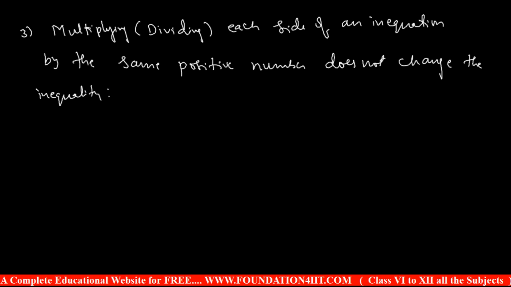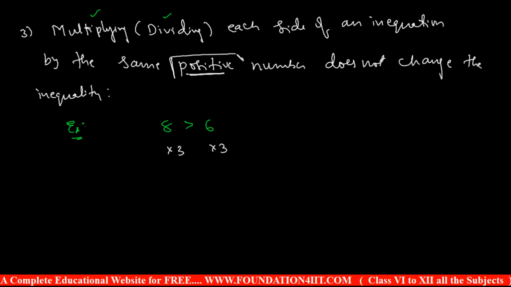Let us see the example. Same as previous, 8 is greater than 6. By multiplying or dividing with the same number, let's take multiply with 3. Only a positive number, not negative.